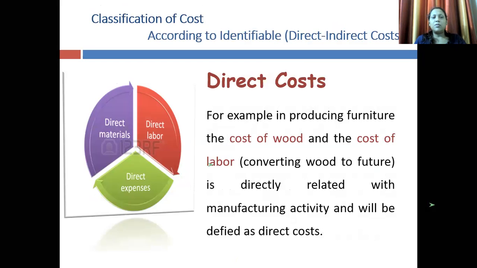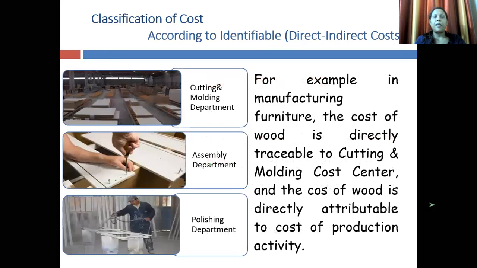And for direct cost, there are some more examples. For example, in producing furniture, the cost of wood and the cost of labor is directly related with the manufacturing activity and will be defined as direct cost. And there are much more examples, that is in the cutting and molding department, assembly department, polishing department.